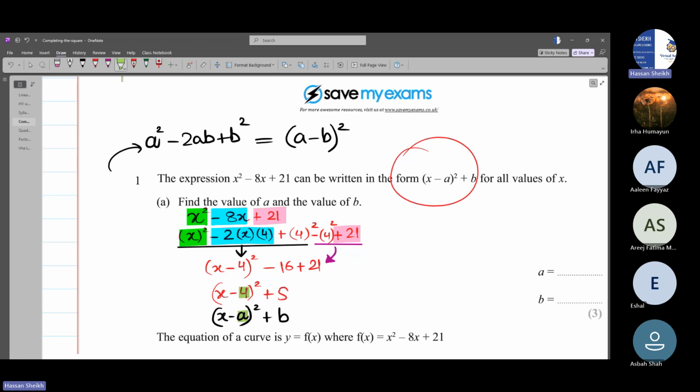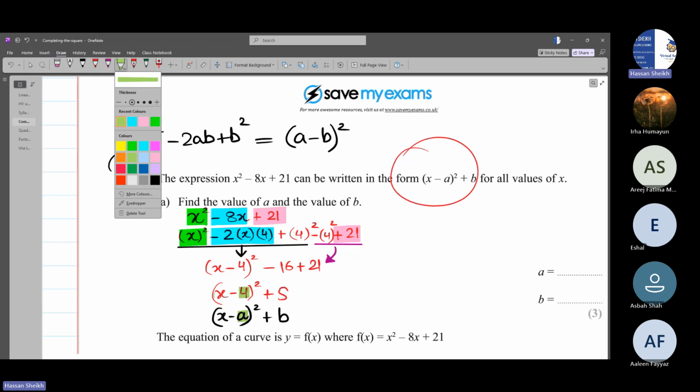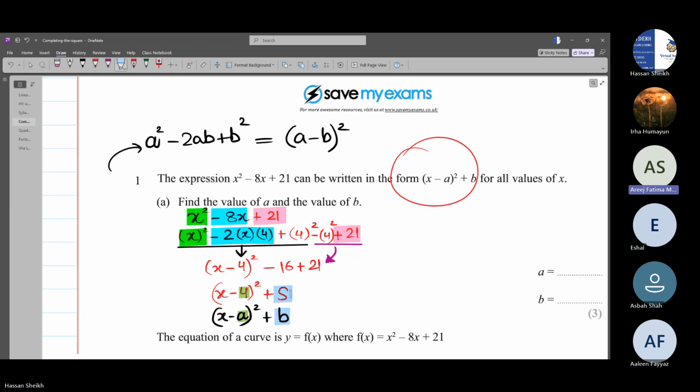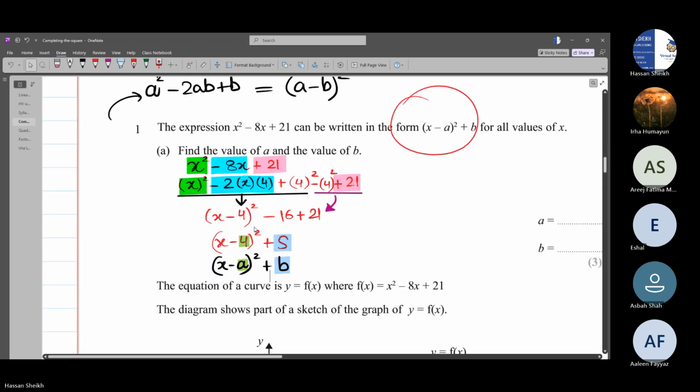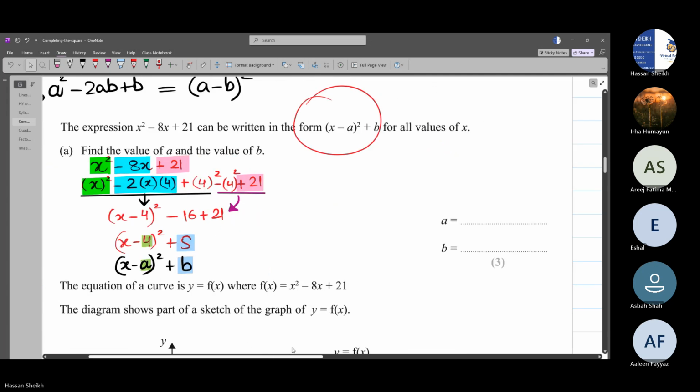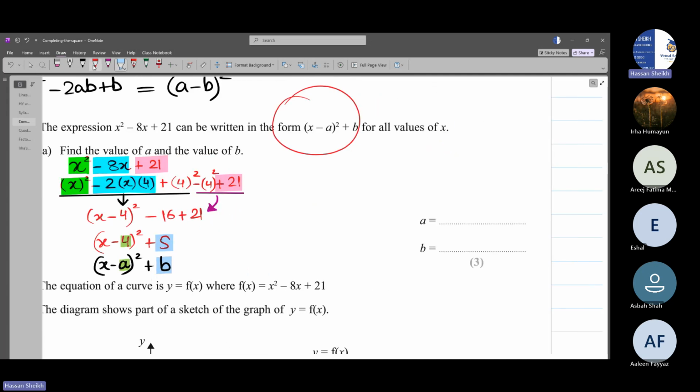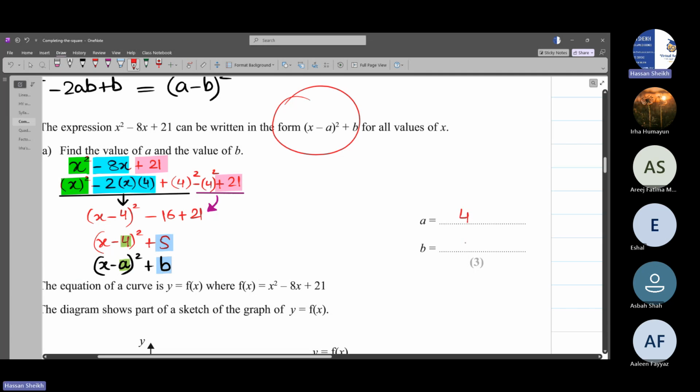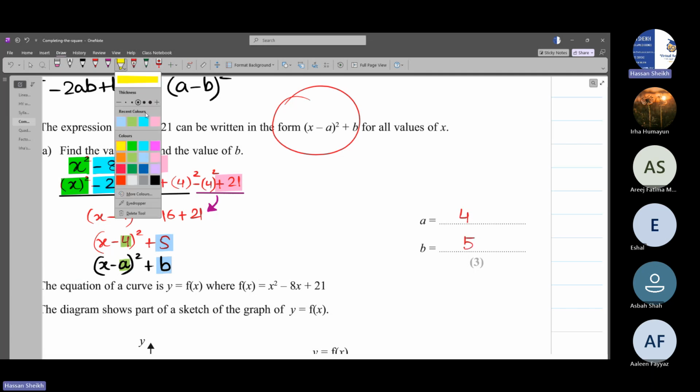No, 4, because the negative is already there. a is negative a equals negative 4, which means a equals 4. And what's b? 5. So a is 4 and b is 5. Any doubt, students? No doubt at all?